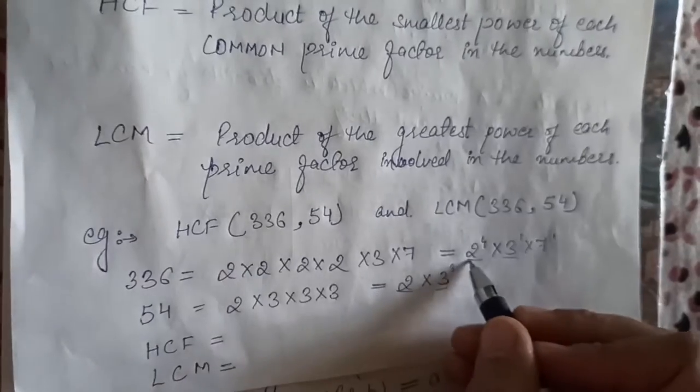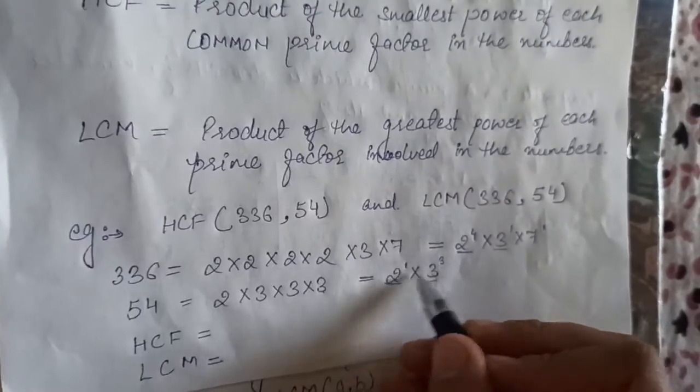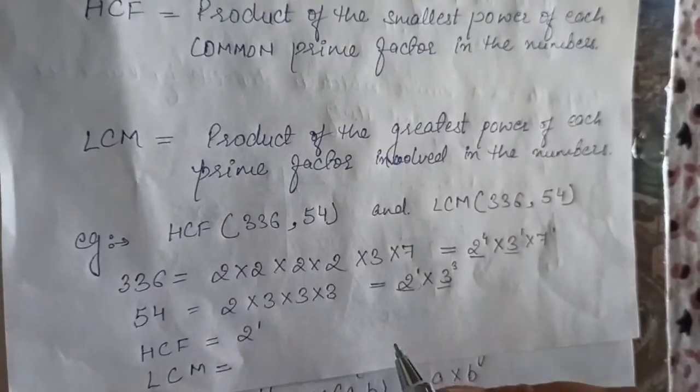What is the smallest power of 2 here? This is 2 raised to power 4 and this is 2 raised to power 1. So the smallest power of 2 here is 2 raised to power 1.